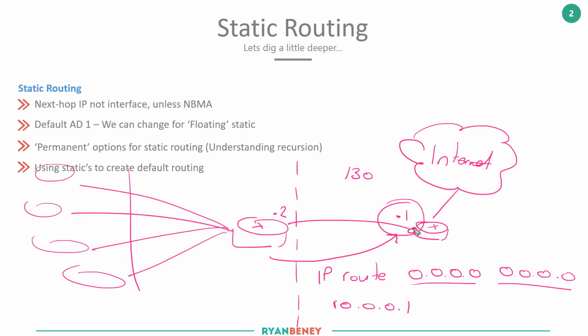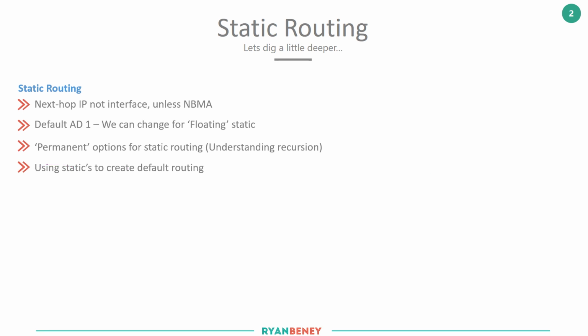It will get all of our traffic to this next hop, and then they will have some sort of default mechanism to push it up towards the internet in order to reach any other destination. So static routes can be used to create default gateways outside our network.